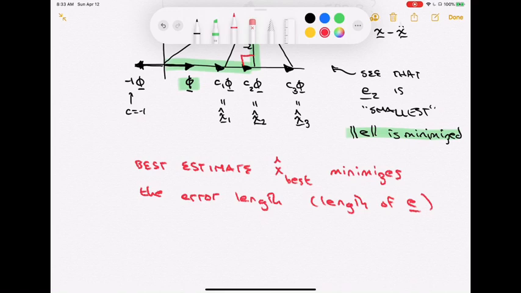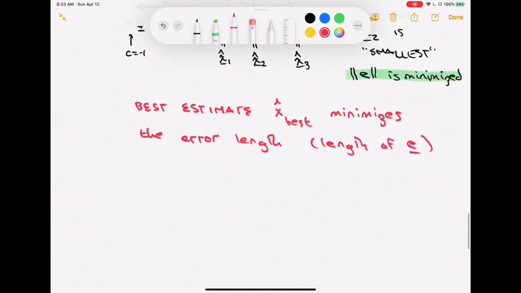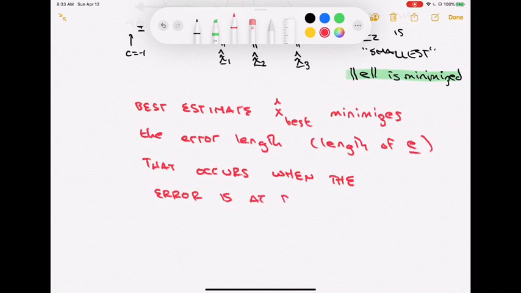And that occurs when the error is at right angles to our building blocks, the phi, okay?